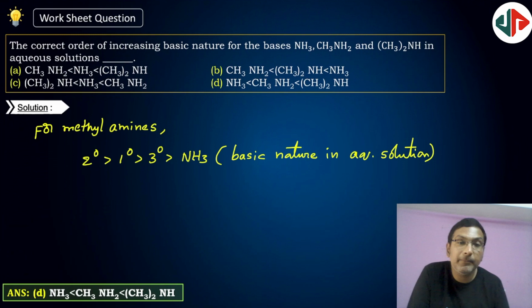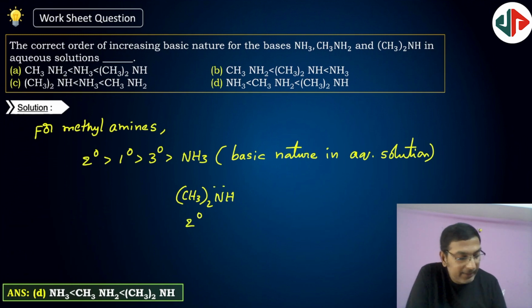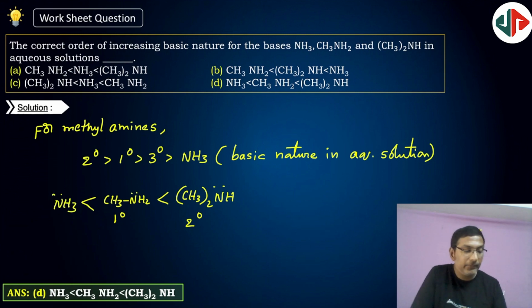Very important. So secondary is (CH3)2NH, this is a secondary amine. After that primary, CH3NH2. After that NH3, ammonia. This is the increasing order of basic strength.